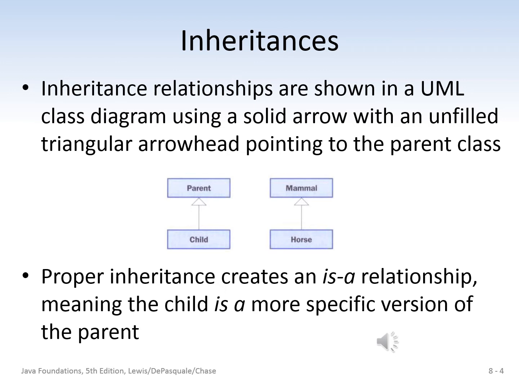In other words, the child class is a more specific version of the parent. In the examples on this slide, you can see a horse is a more specific version of a mammal. Mammal in this case would be the parent class, and the horse would be the subclass or child class.